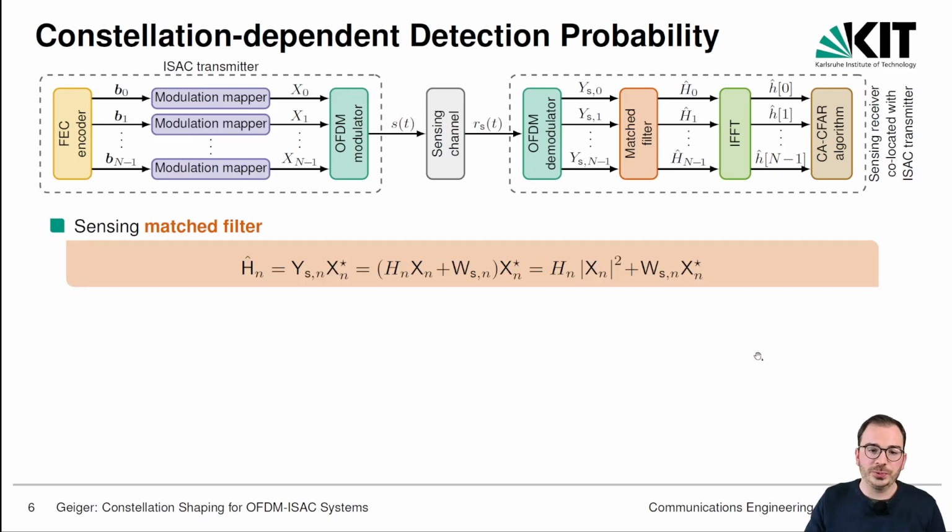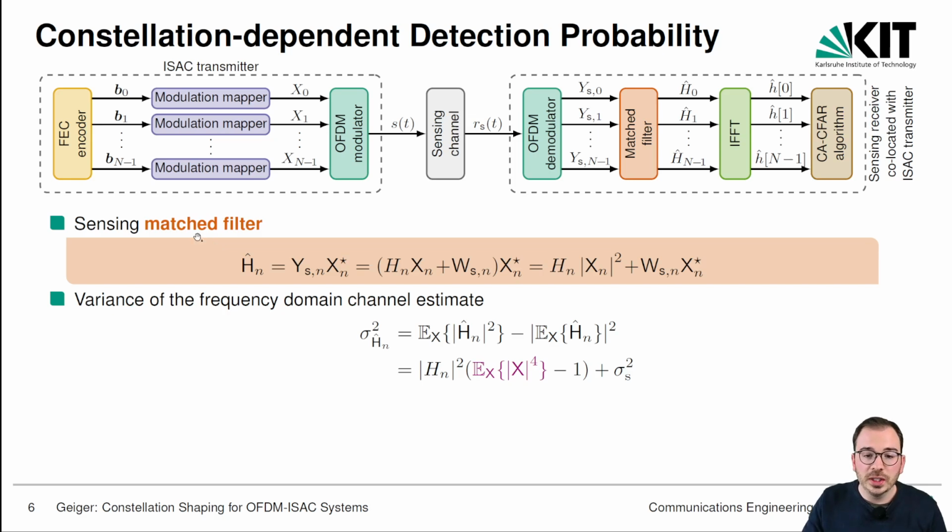For this, we use the definition of the matched filter, and we find that the channel estimate here still depends on our modulation symbols X. And if the power of our modulation symbols X is unequal to 1, they disturb the channel estimate.